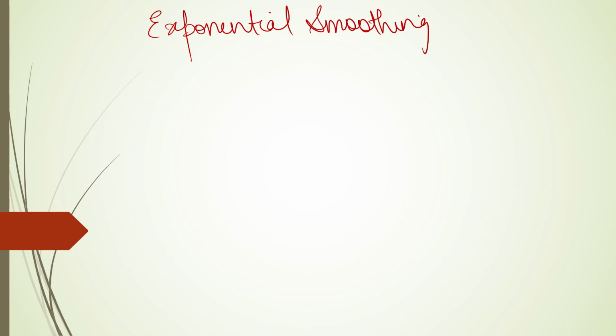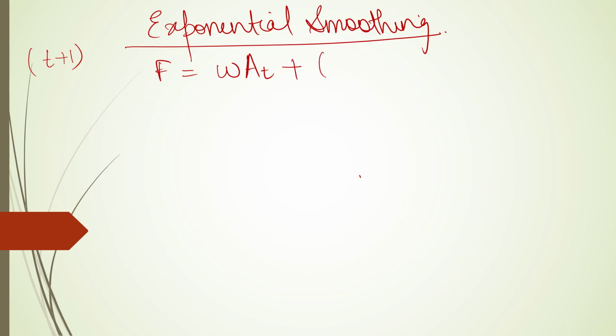Next, we have exponential smoothing. In exponential smoothing, we forecast for the next period. Next period means t plus 1, which is a weighted average of the actual and forecasted values. Formula is F of t plus 1 is equal to W times A of t plus 1 minus W times forecasted value of t.